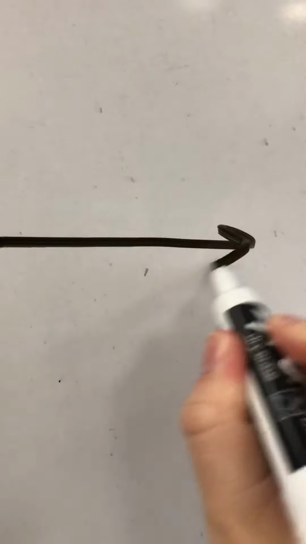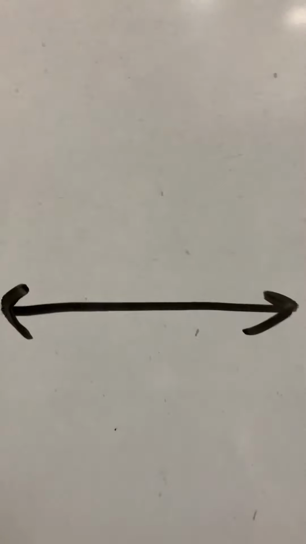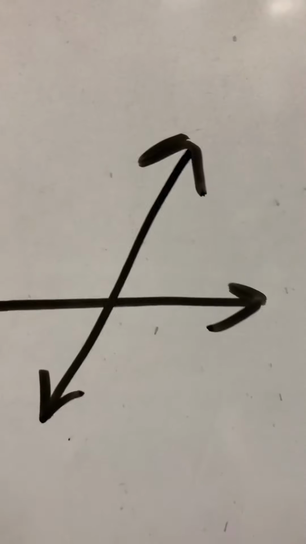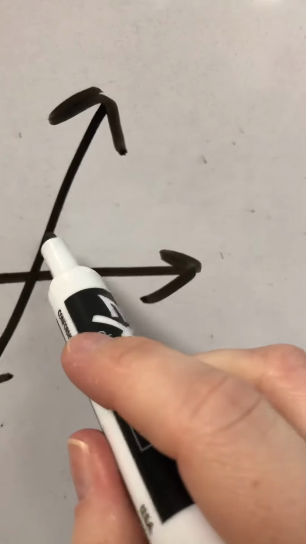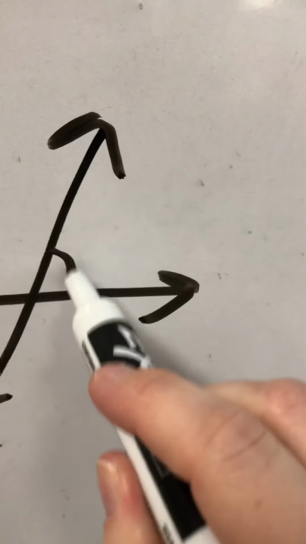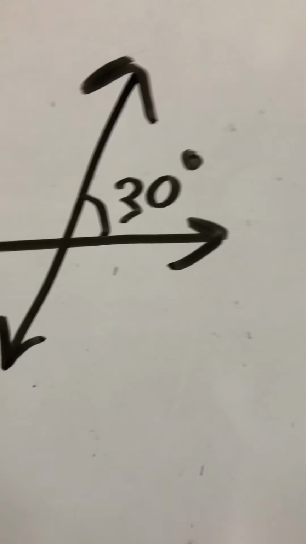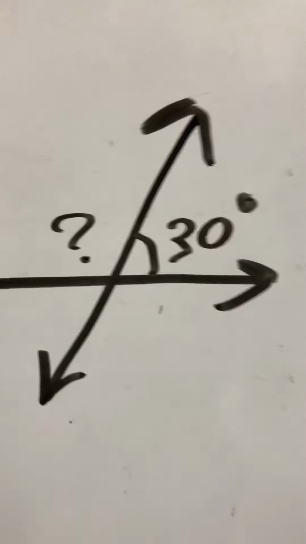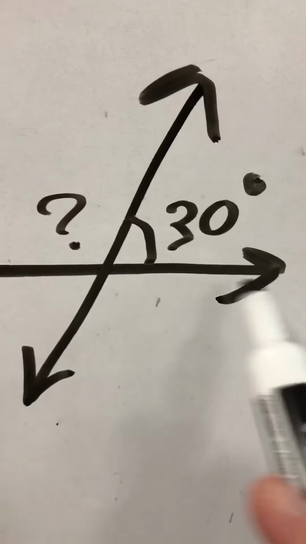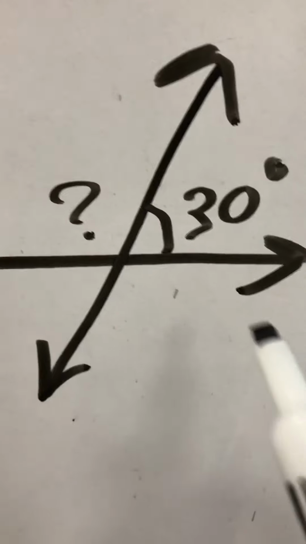The next thing you need to know, I'm only going to draw one line for this because it's just a little example. If you have a straight line, and another line cuts through it, let's use 30 again. If they give you that angle is 30 and they want to know what that angle next to it is, the angle of a straight line is 180.